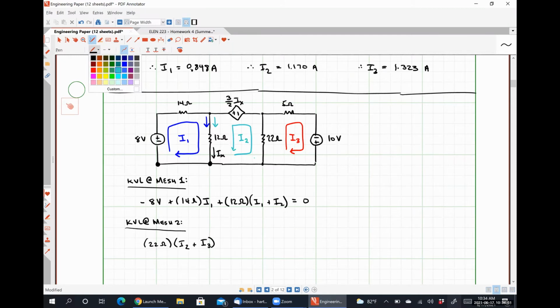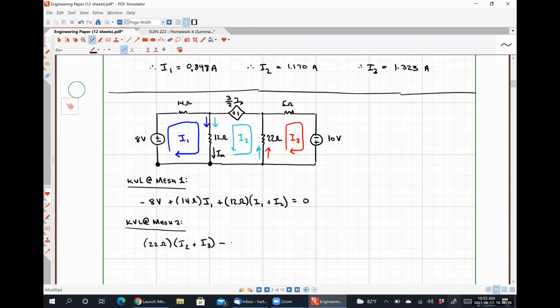Around this portion of its path, I2 is flowing up. Around this portion of I3's path, it's also flowing up. They're in the same direction, so the currents need to add together. The next thing that we are going to see is the negative polarity terminal of the dependent source.